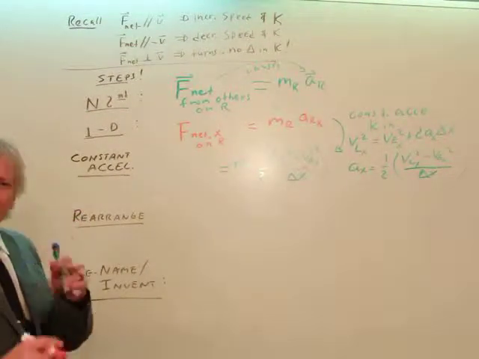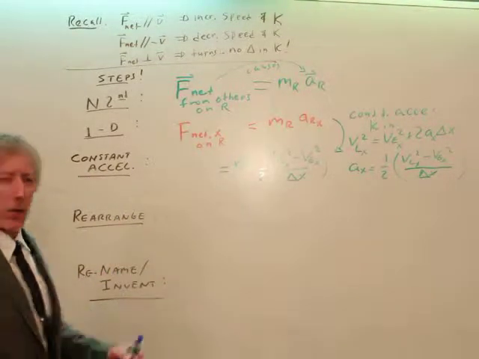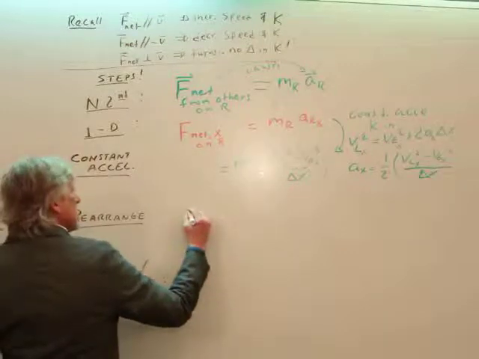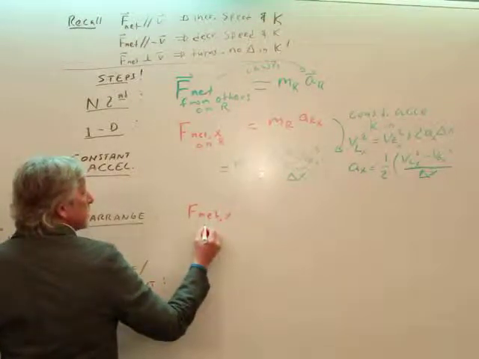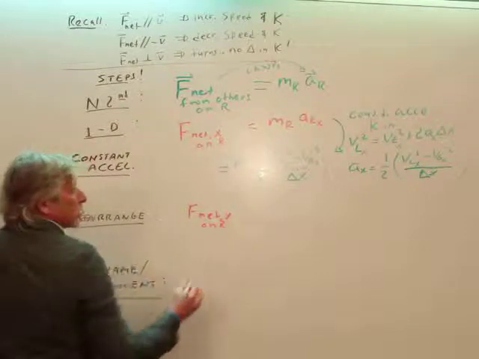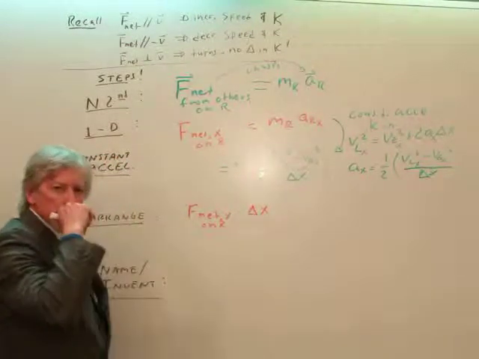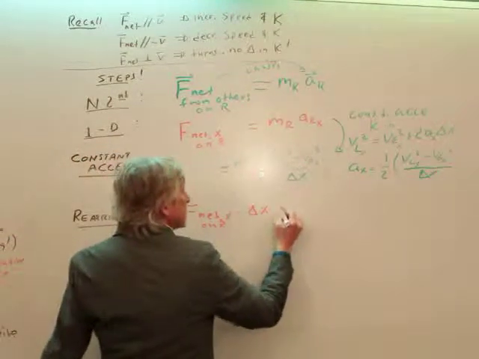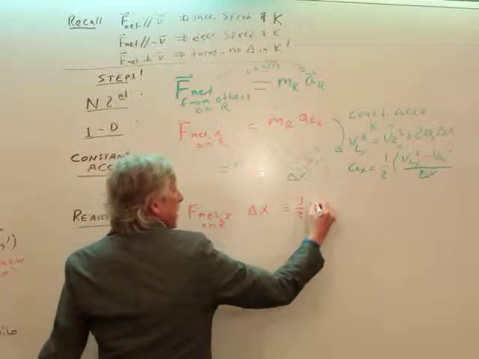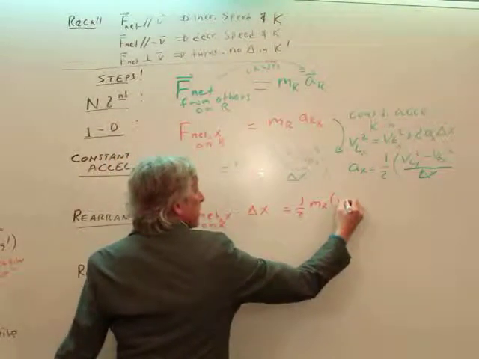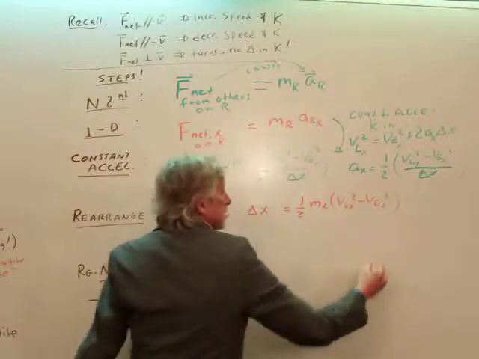Hey, I'm gonna mess with this. I'm a theoretician now, right? I got no equipment here. So I'm gonna say, the F net x component on this object R times delta x is equal to, I'm gonna rearrange this too, right? 1/2 m R V later x squared minus V earlier x.